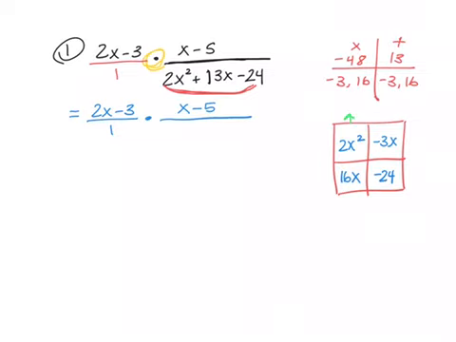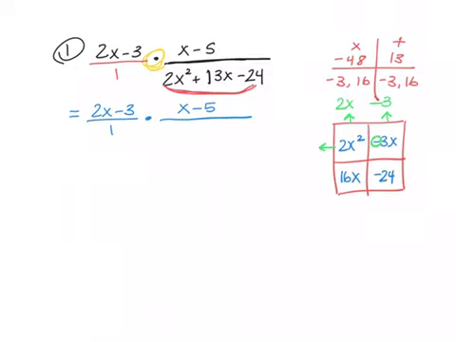If I look here, 2x squared and 16x, 2 and 16 are both divisible by 2, and they both have an x that I can take. If I look over here, negative 3x and negative 24, 3 and 24 are both divisible by 3, and then because this box where the arrow leaves is negative, I'm going to make that 3 a negative as well.